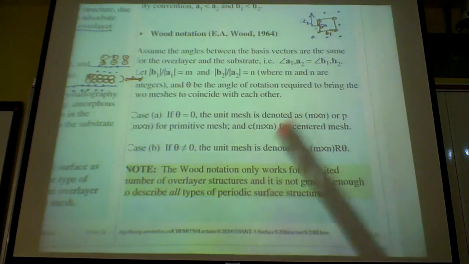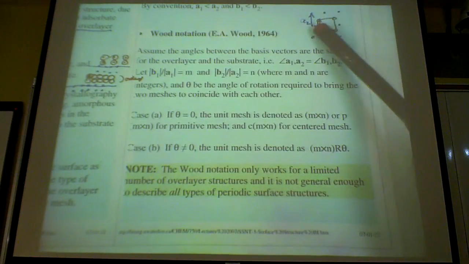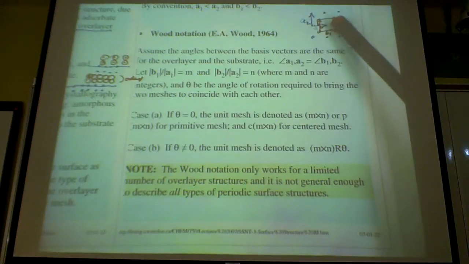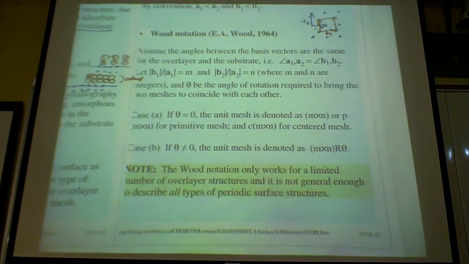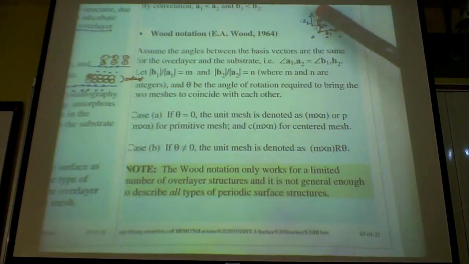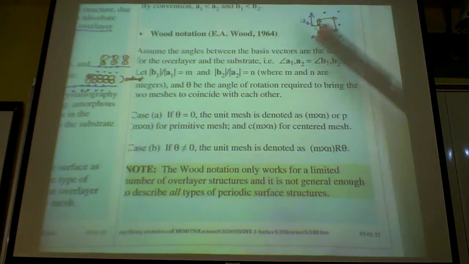You have a primitive n by n. In other words, you will not be able to see very easily whether you have a substrate or an absorbing structure, because the red grid will now be directly on top of the blue grid that you got.